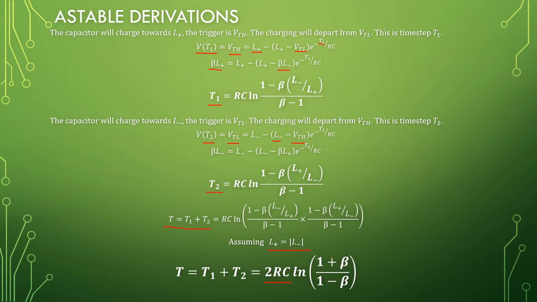So if beta is a half, this would be the ln of 3. Okay, and the ln of 3 is 1.1. So a typical equation that we will see for astables is 2.2 times RC is the period of a signal. Okay.